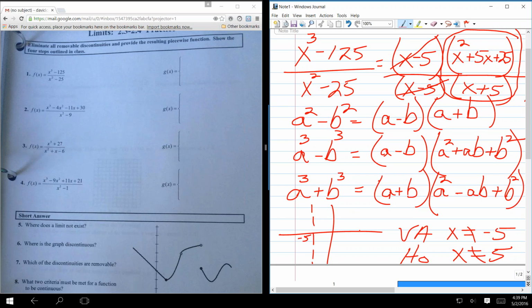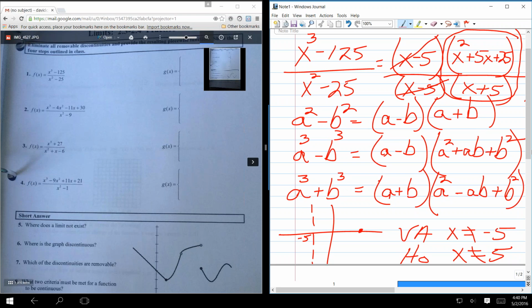It's going to have a hole at plus 5. Wherever the curve is, there's going to be a hole right there. The hole isn't going to be on the x-axis. I don't know where the curve is. I'm going to have to do further thinking about this.